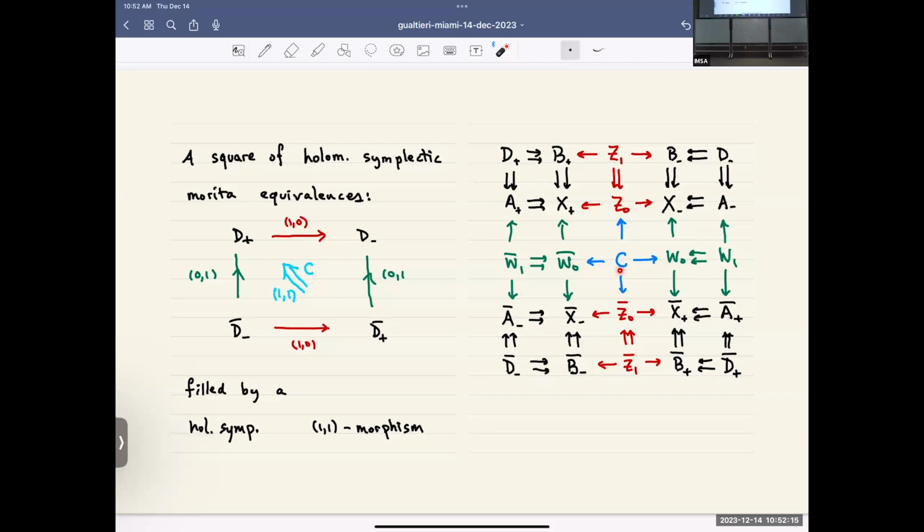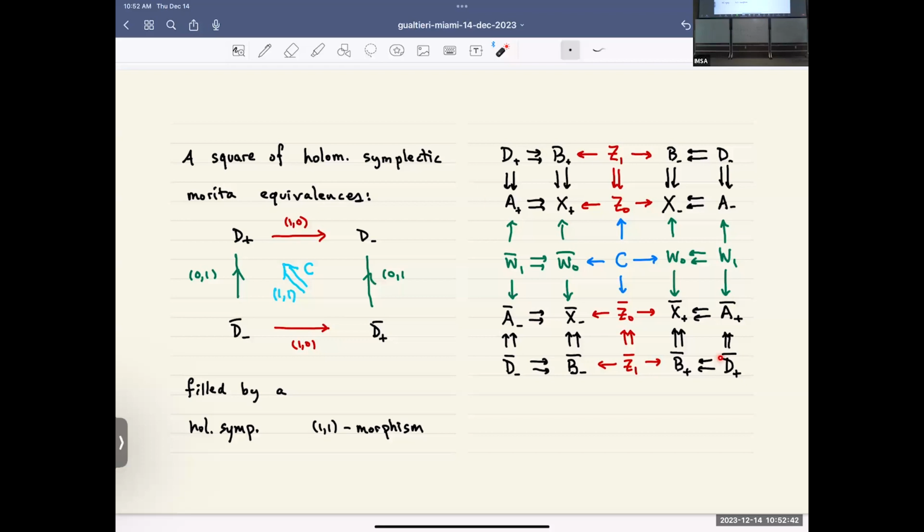And so this thing is a holomorphic symplectic space in the center, okay? So this is the data that we have so far. And now the question comes: we saw that the relationship between this object and this object is complex conjugation. And so everything at one end of the diagram is complex conjugate to the opposite part of the diagram.